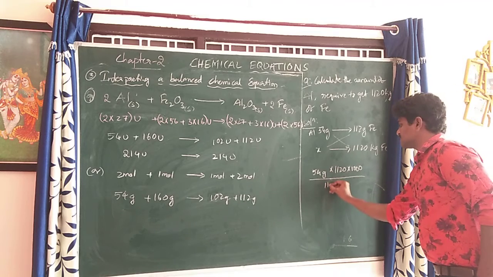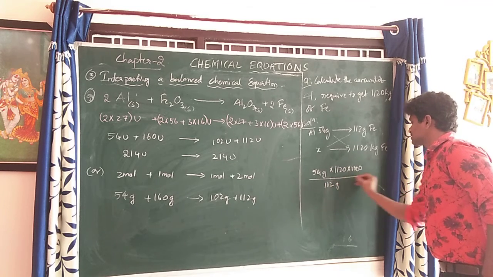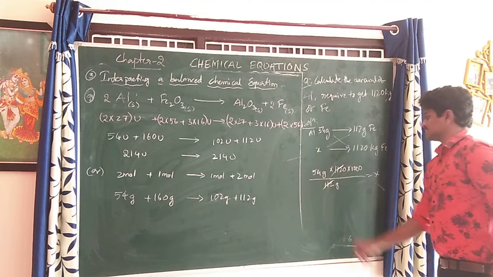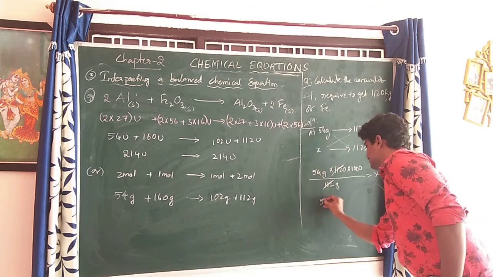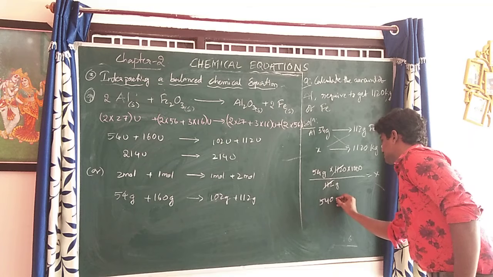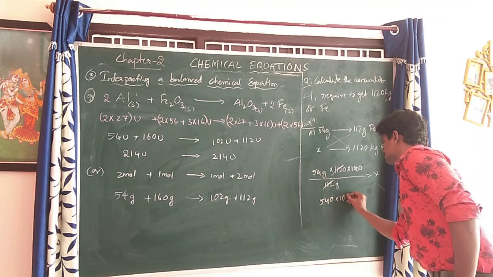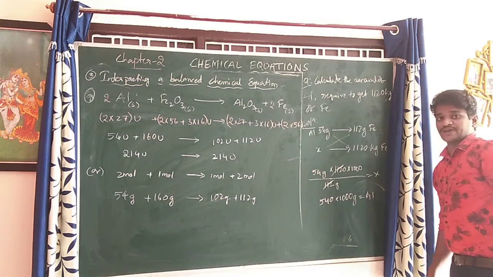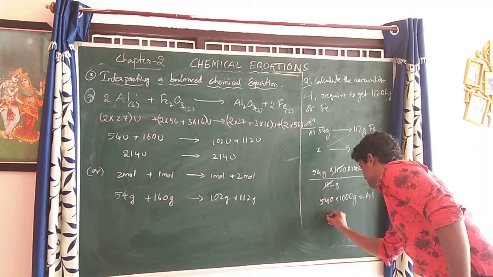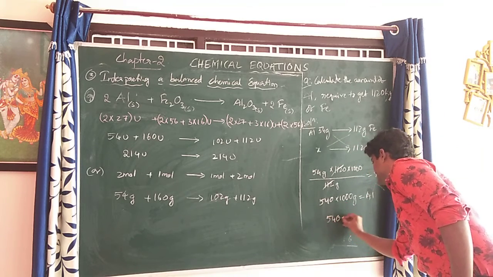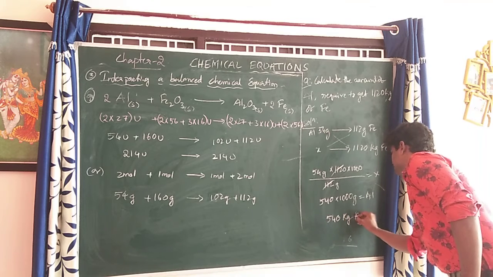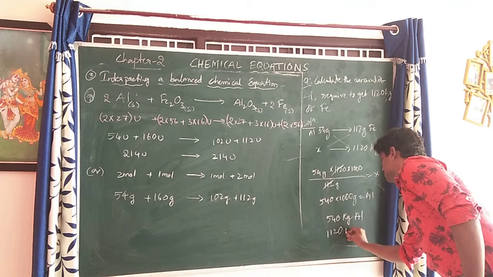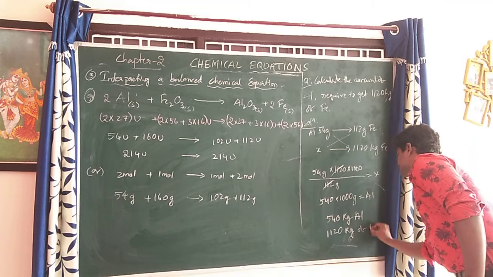Write this as 112 grams equals x; 112 is cancelled. So 540 into 1000 grams of aluminium is required. Removing the 1000, 540 kg of aluminium is required to extract 1120 kilograms of iron.